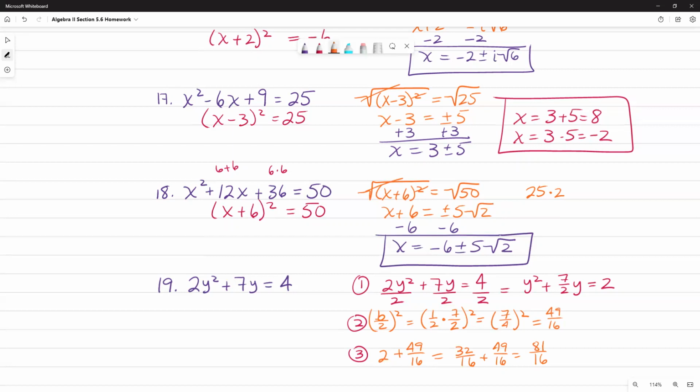All right, so that gives me the solution to the squared binomial. And let's see, let me go ahead and write all this in. So if I change that to y squared plus 7 halves y plus some number equals 2, plus that number. And that number we found out was 49 over 16.